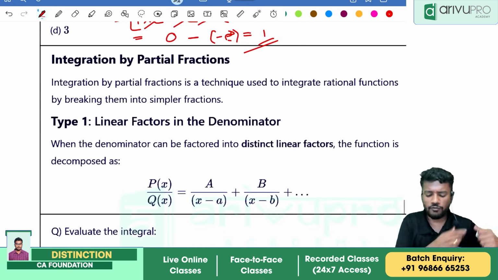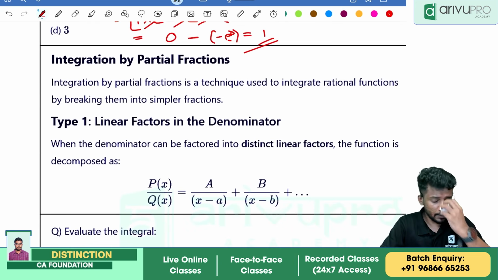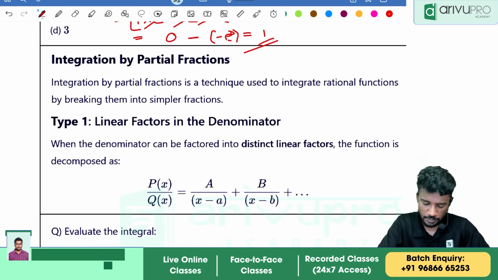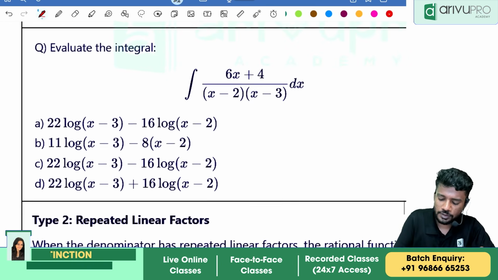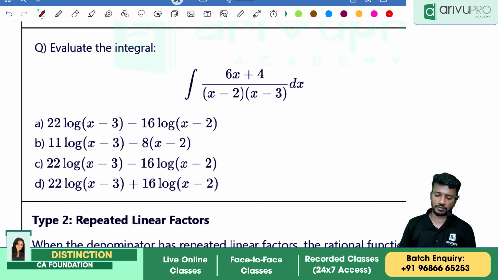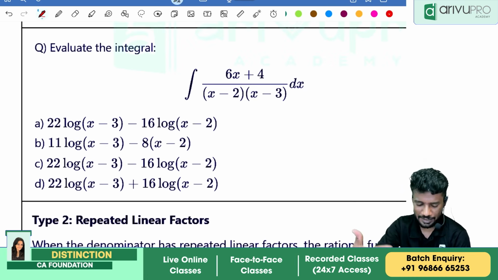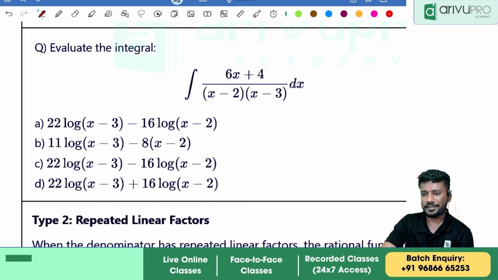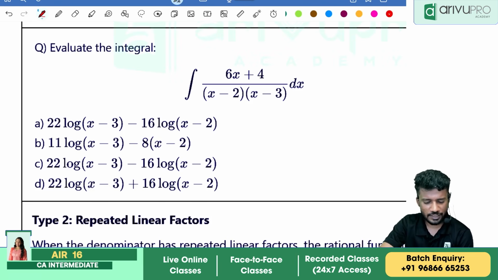Now we are going to the final topic, that is partial fraction. Have you studied this partial fraction before? Now look at this. When the question is given in this manner, there are two methods. Partial fraction, actually, if you want to skip, you can skip. Why?